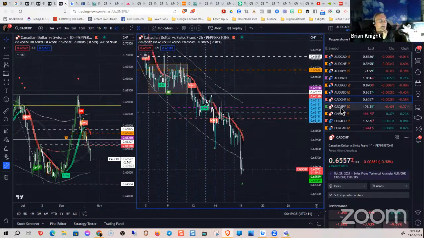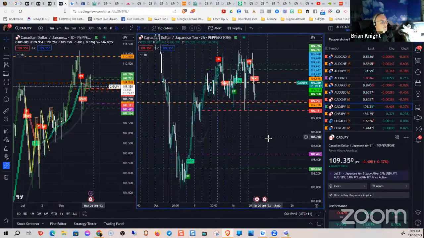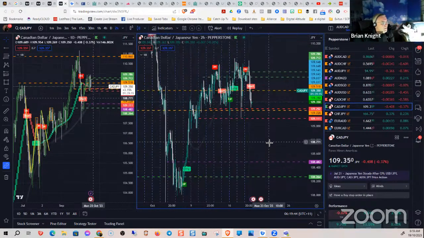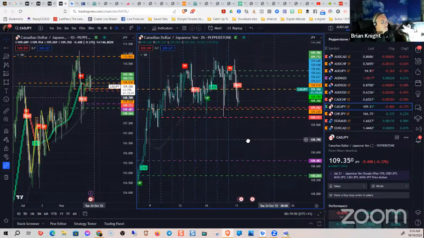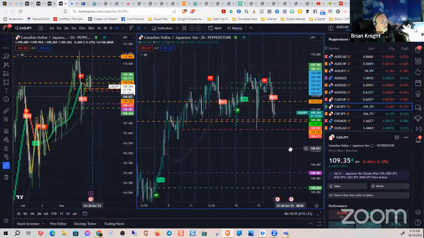Now the CHF, CAD-J. Here we go. So I've got this for a buy, and this is in a short. See, it's been going sideways for a little while here.